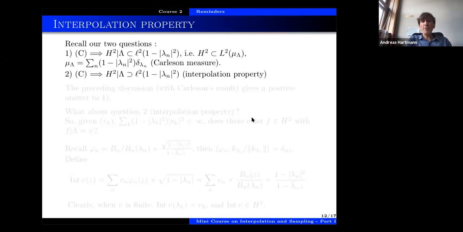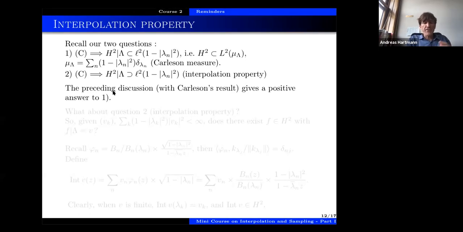All right, so for the moment, what we have proved is that the Carlson condition implies this embedding, and this uses Carlson's theorem. So we have the Carlson measure property, and what we want to prove now is the interpolation property. So if I take a sequence from the sequence space, then I am a trace of H2.